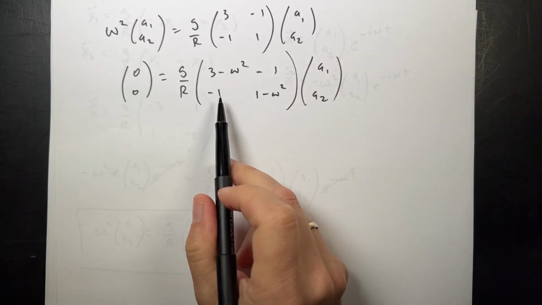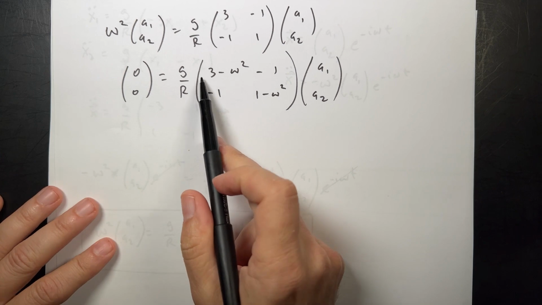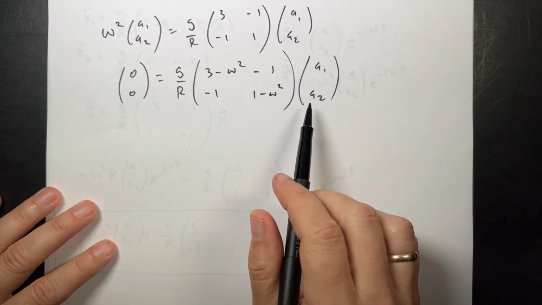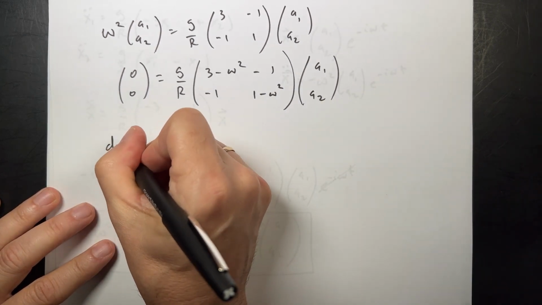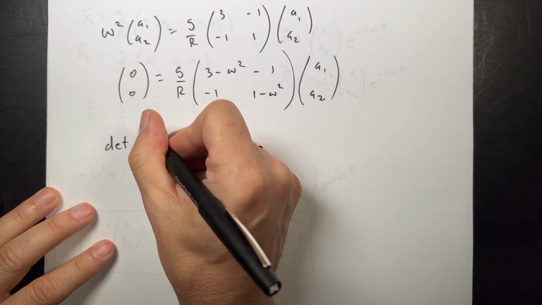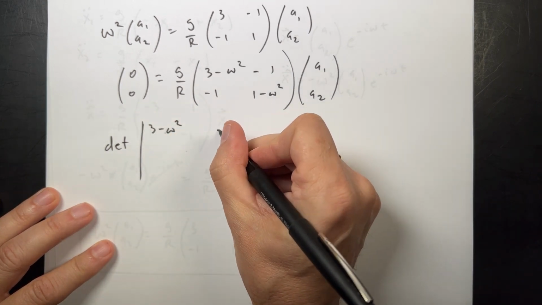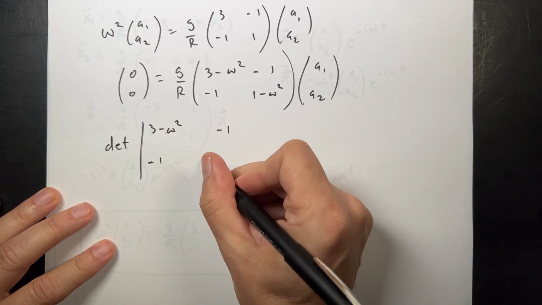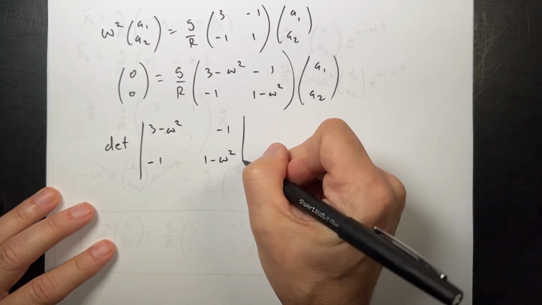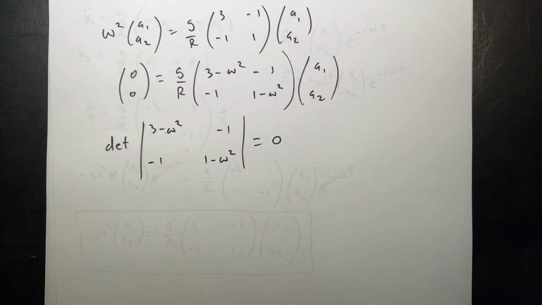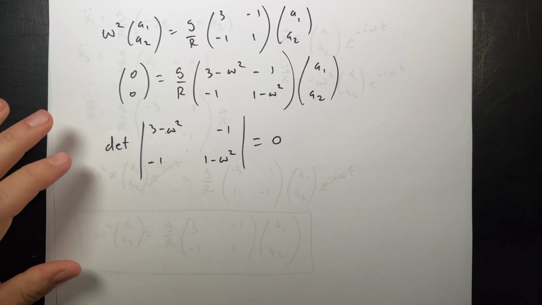And this will only give solutions if the determinant of this is 0. So we're going to take the determinant of the matrix 3 minus omega squared, minus 1, minus 1, 1 minus omega squared, and set that equal to 0. By doing that, we can solve for the values of omega that work here. Those would be our eigenvalues.